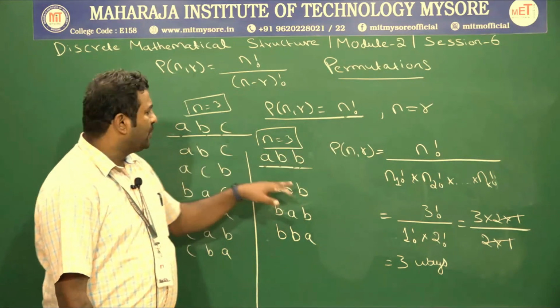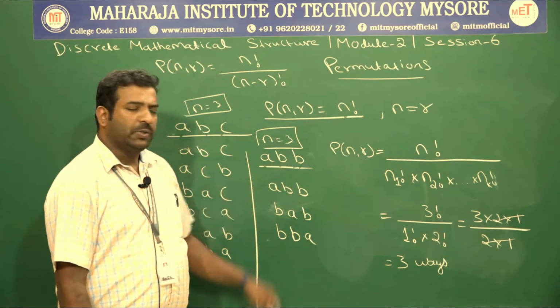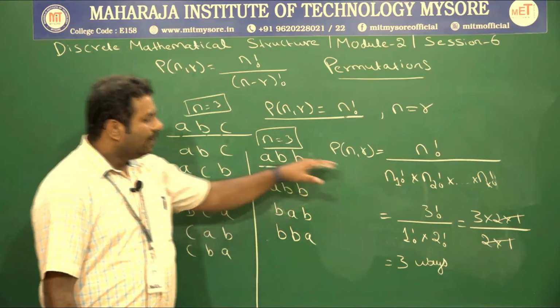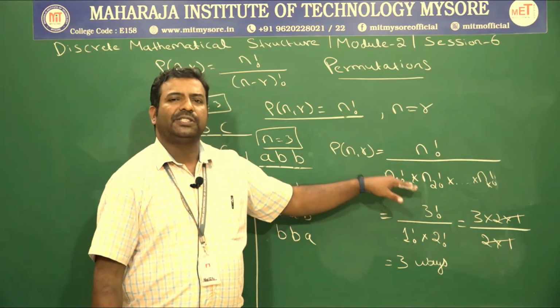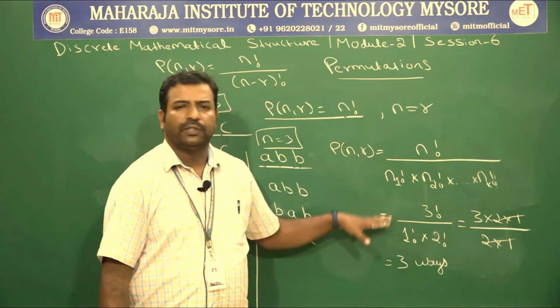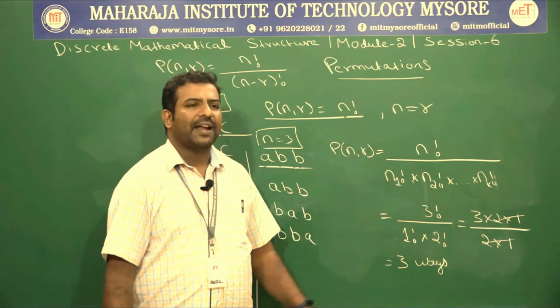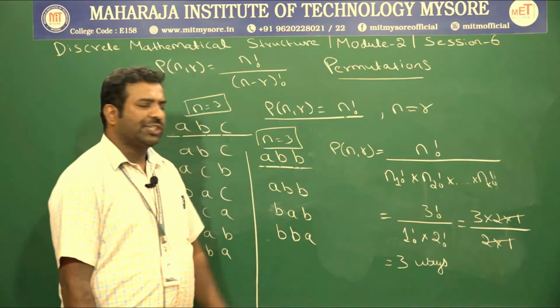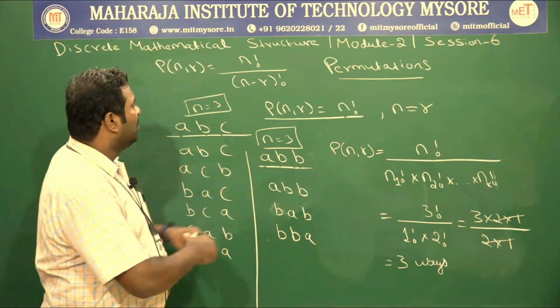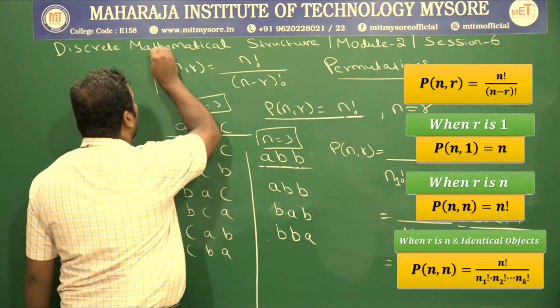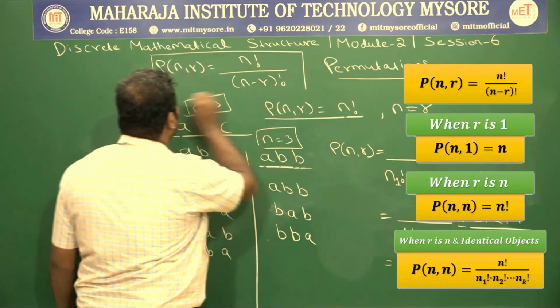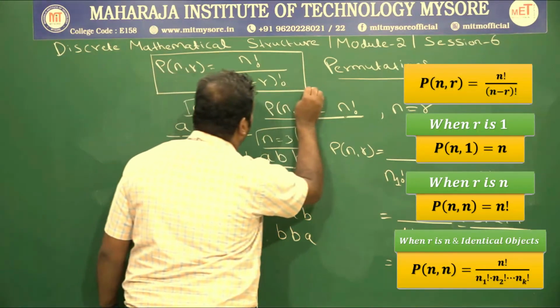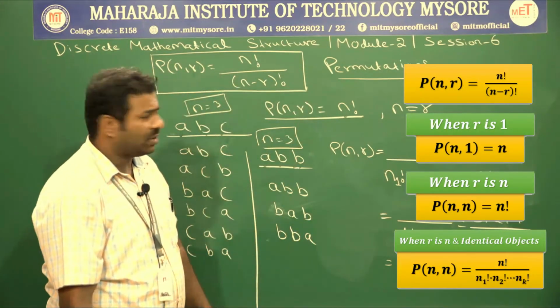At some point, if you see any of the objects is going to be identical, remember this general form and make use of this. So this is how exactly we are going to make use of the permutation equations. So this is the general equation, and whatever I gave you is just a variation of this.